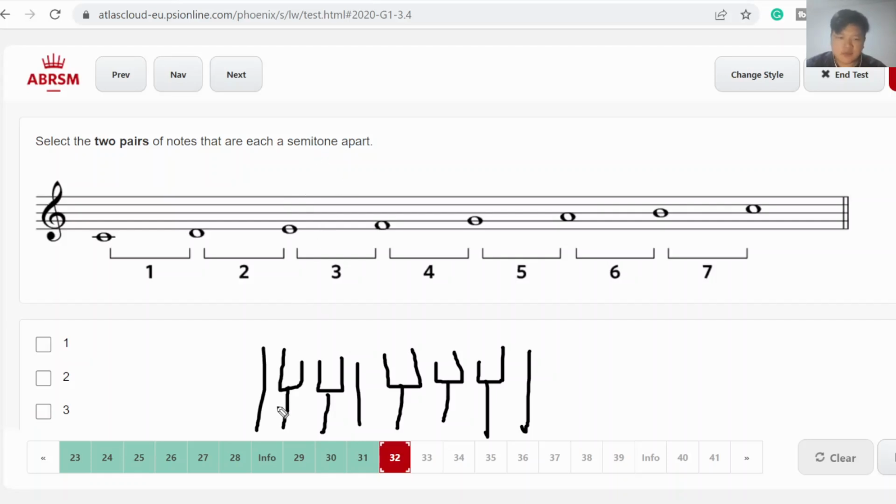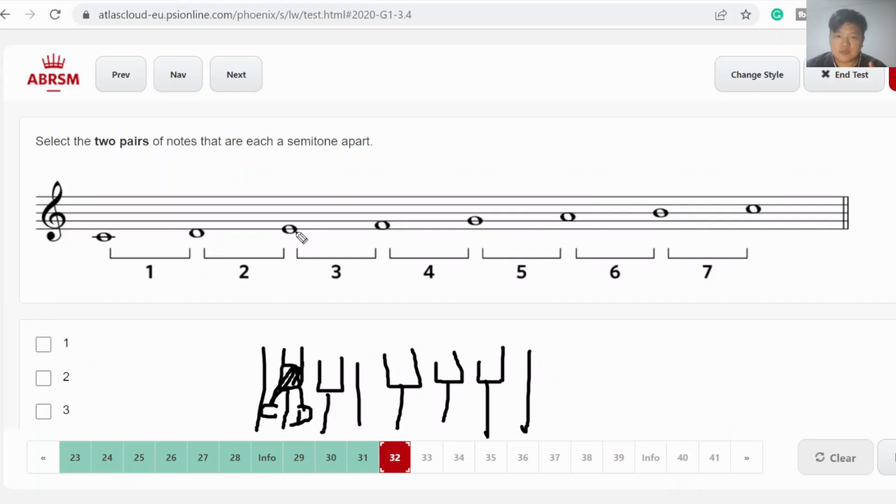Because C to C sharp is one semitone, correct? But C to D is actually two steps here, so it's not a semitone anymore. So you need to find a one step.